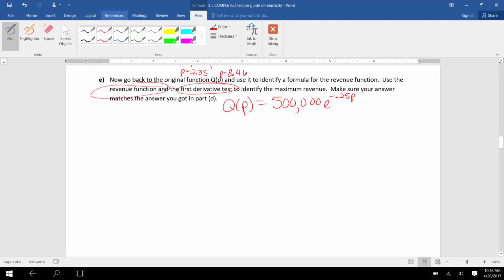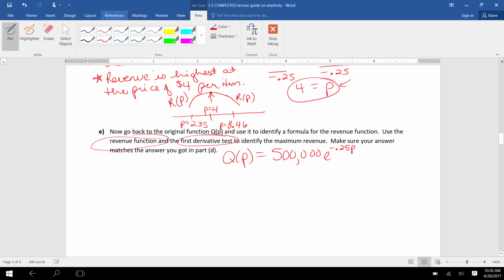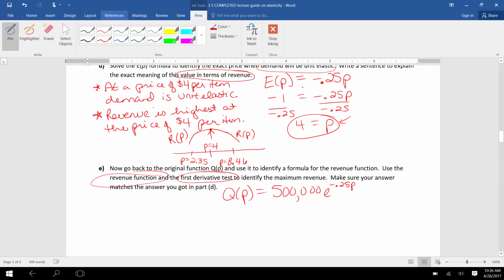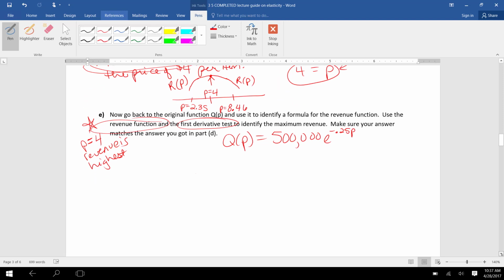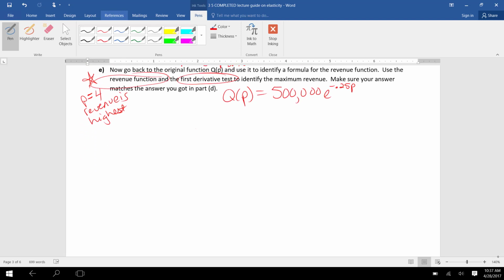Just to let you know, in part D, we use the elasticity of demand function, solve for when elasticity equals -1, and learned because elasticity is -1, because it's unit elastic at price of $4, that is when revenue is highest. So when I do this problem, part E, I am going to find that P equals $4 is when revenue is highest. We're going to do it, though, using the methods that we learned in the previous units, where we use the first derivative test. I'm just verifying we get the same answer.